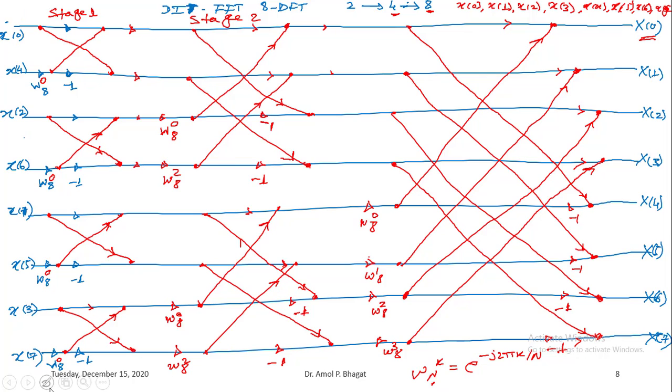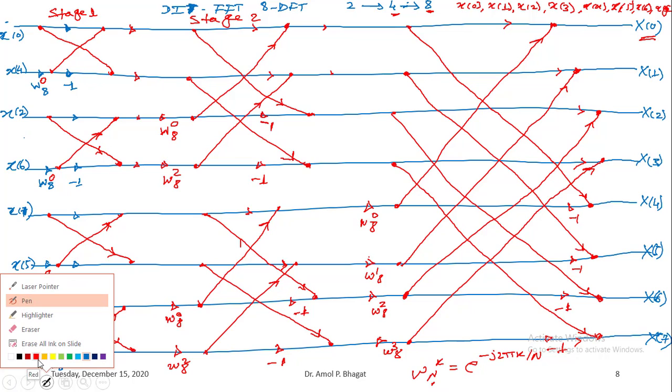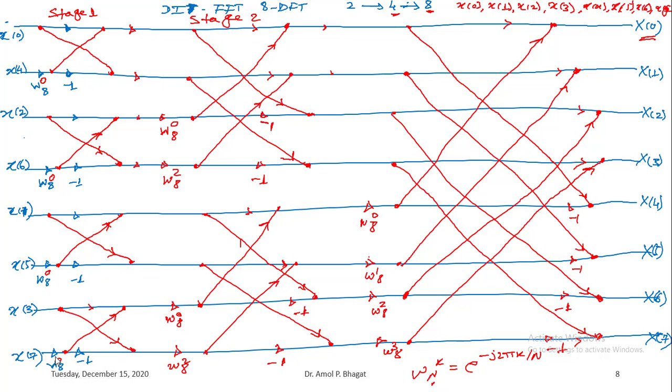I'll use some other color so that you can observe it. So I'll use yellow. In case of the 4-point DFT, again it will be the DIF algorithm, and the diagram that you will use will comprise only these 2 stages up to this point. This will be for the 4-point DFT, because we are interested in computing only 4 points, so only 4 points will be utilized there.